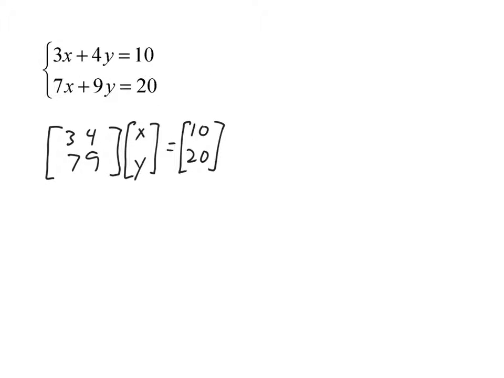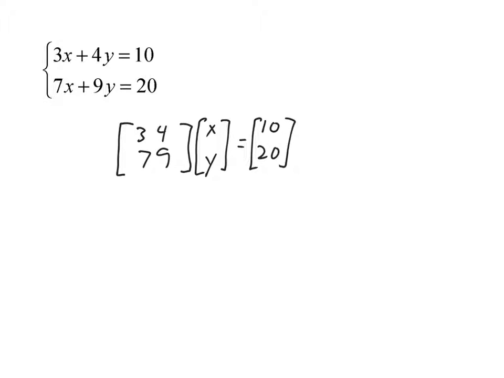So I'm going to put that down here, and I'm going to give enough room. I have some kind of matrix multiplied by a variable matrix, which equals some other matrix. If I multiply this by my inverse matrix and this by my inverse matrix on the same side, this will become my identity matrix, which then will give me just my variables by itself.